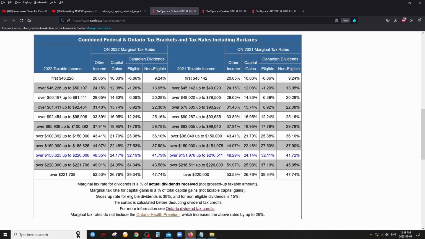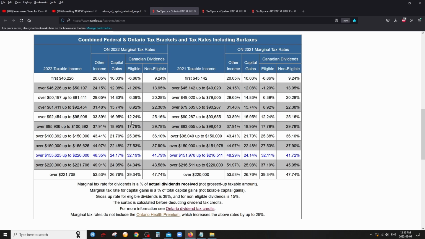But if you're in Ontario and you're declaring between 50 and 80 grand a year, well, then eligible dividends are better than capital gains by a little bit. And the more you go up, the more it starts narrowing, and at one point, capital gains becomes better taxed than eligible dividends. So there is your answer right there.